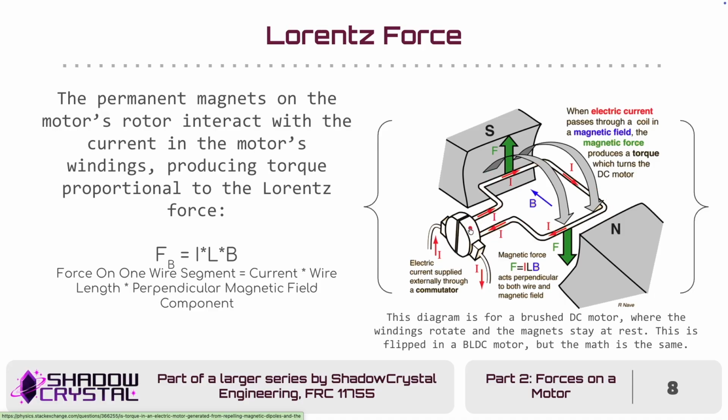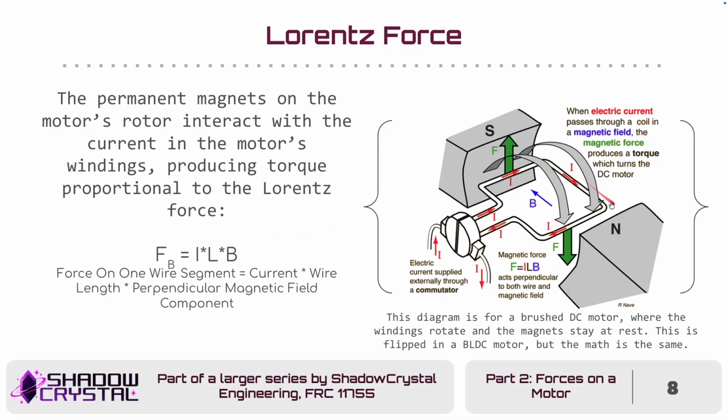Okay, cool. Now, these are two sides of permanent magnets. You've got your north pole and your south pole, and they have a magnetic field going this way. That's your field vector B in blue. The way the Lorentz force works is that when you have a current flowing one way and a perpendicular magnetic field component, 90 degrees offset, the Lorentz force is equal to the product of those times the length of the wire that the current is flowing.